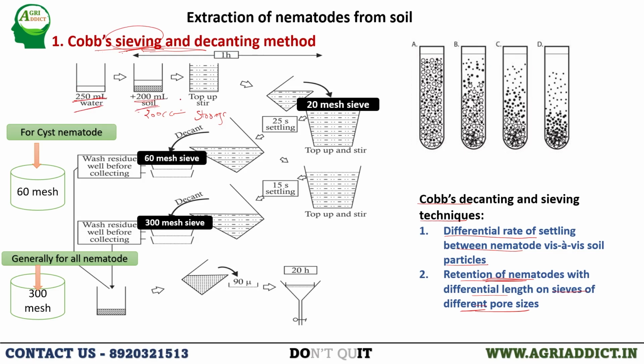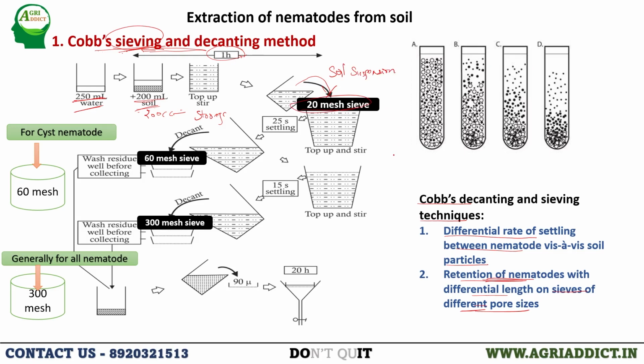Mix it thoroughly and stir it, and let the particles settle down. Wait for some time, about 1 hour. Waiting time is used in this method. After that, you have to pour that soil suspension on the 20 mesh sieve.